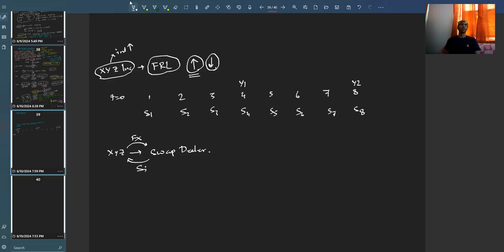So now what happens is these payments S1, S2, S3 are being paid by the swap dealer in exchange for a fixed amount being paid by the XYZ entity to the swap dealer. So now the XYZ entity has a payment obligation of FX every quarter. This is a fixed amount, let's say. So every quarter, this amount XYZ is paying.